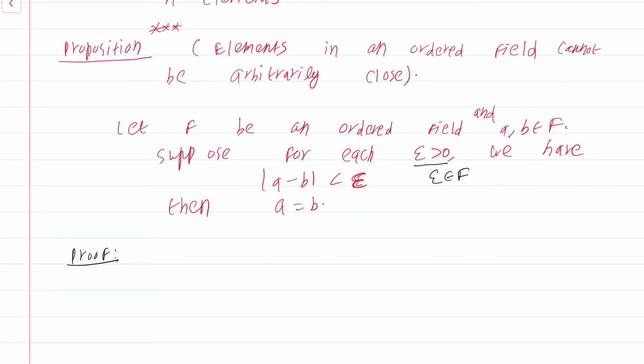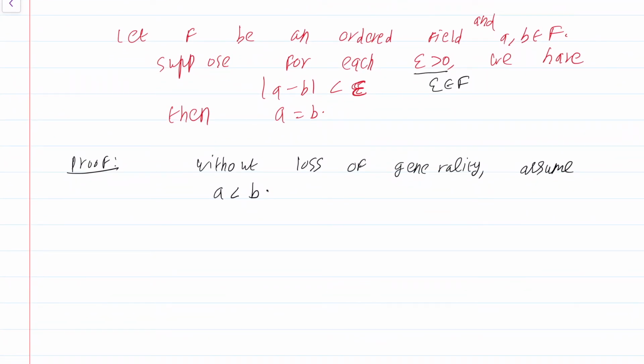Here what we will do is we will say, without loss of generality, assume A is less than B. What does this mean? Essentially, I am going to appeal to a proof by cases, but if I prove the case A less than B, then there is no necessity for me to prove the case B less than A. Why is that?